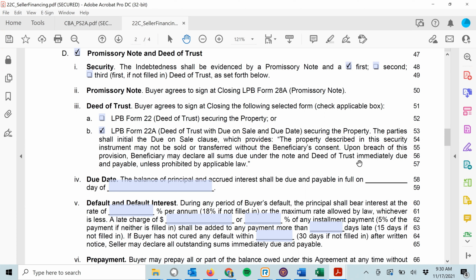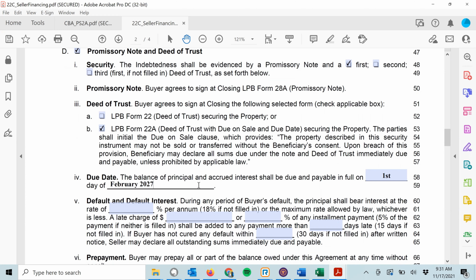And we could say on the first day of February 2027, right? So that would be 60 months, and then the first day of the month that follows the 60th month.